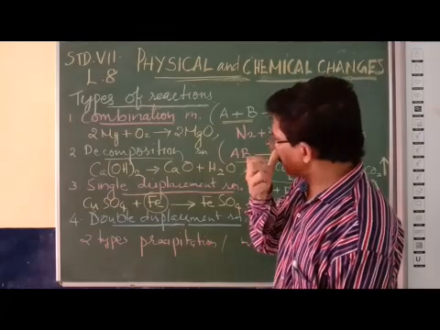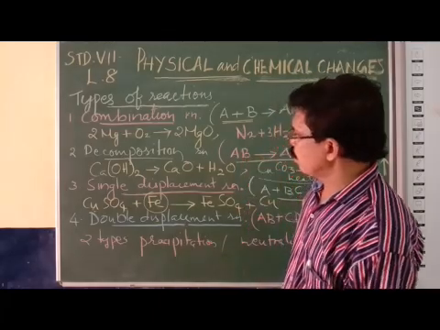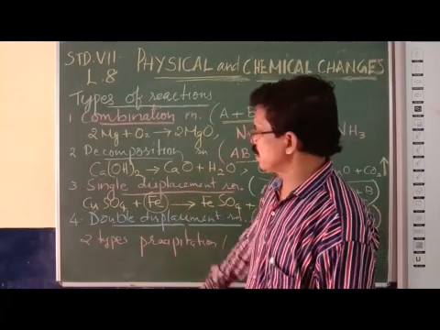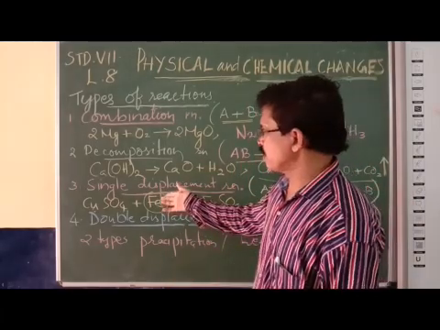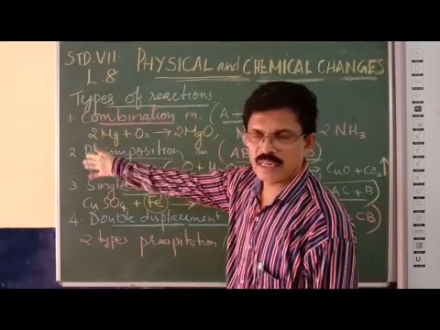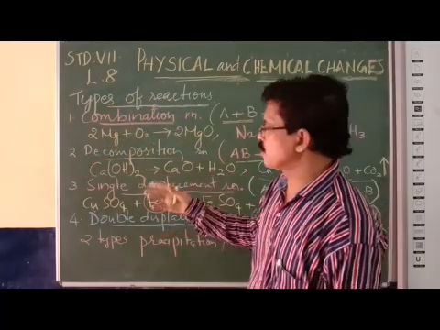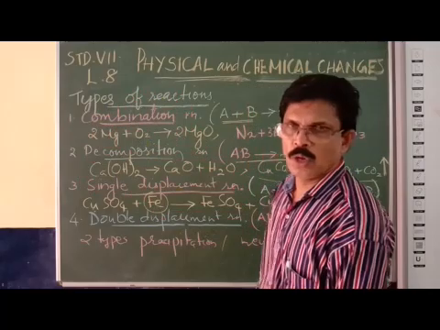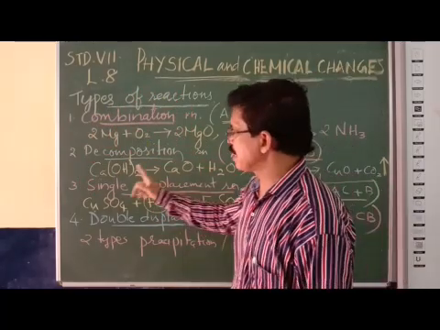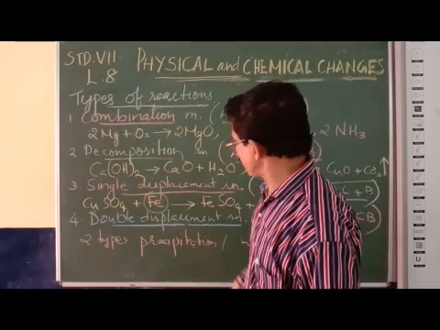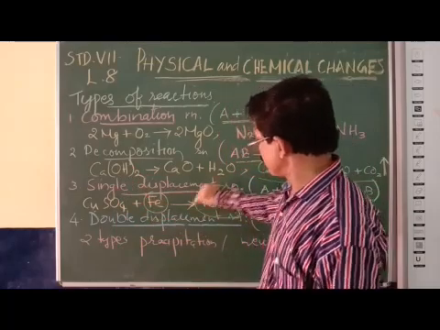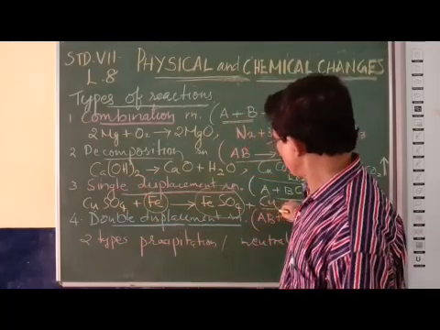In a single displacement reaction, the more reactive element displaces the less reactive element from its compound. Iron is the more reactive element that displaces copper, which is less reactive, and combines with the sulfate to form iron sulfate plus copper.